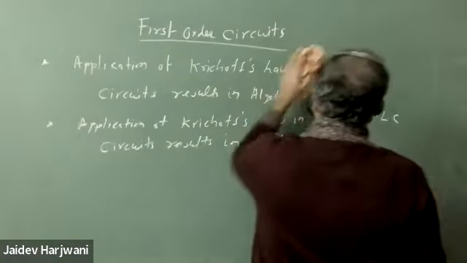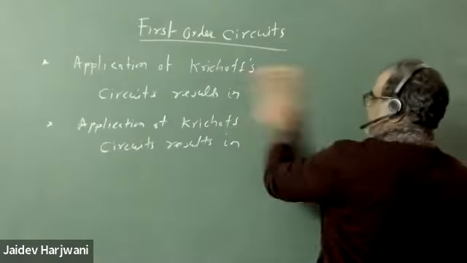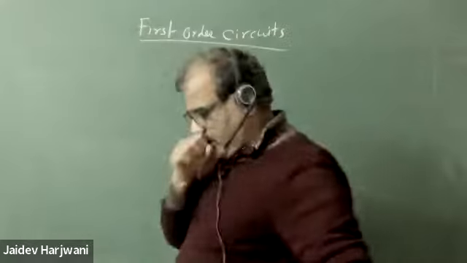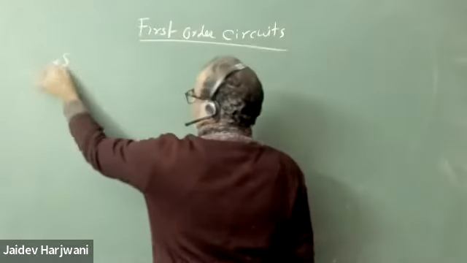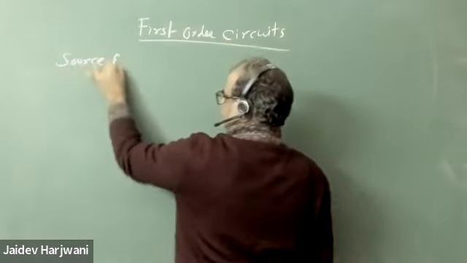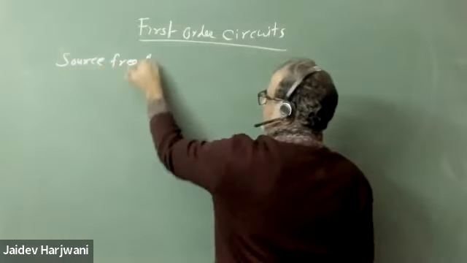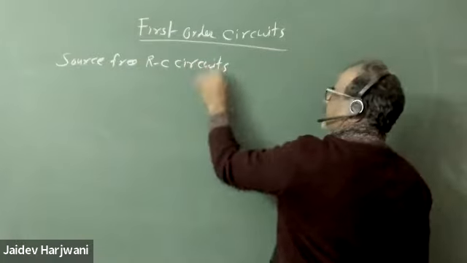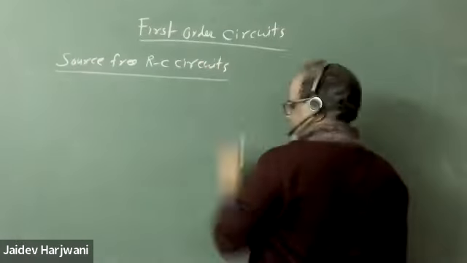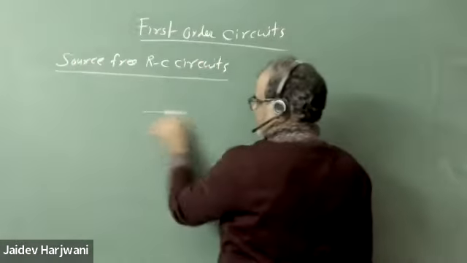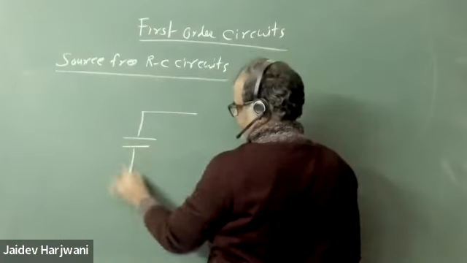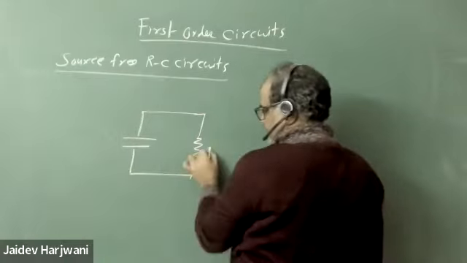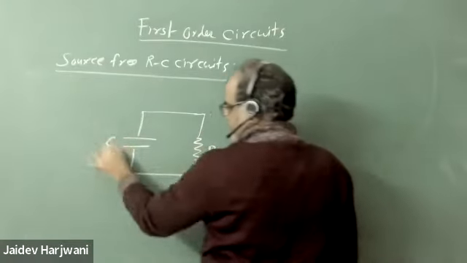So for example, if I take a source free RC circuit. What do we mean by a source free RC circuit? For example, we have a capacitor and a resistance connected end to end.